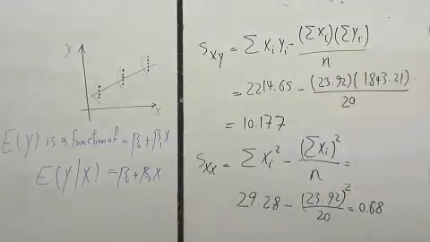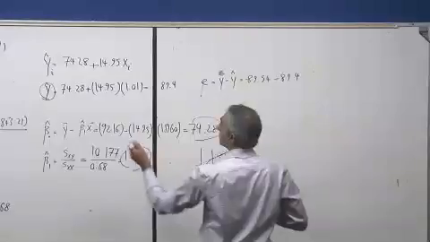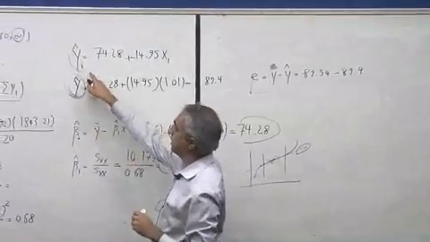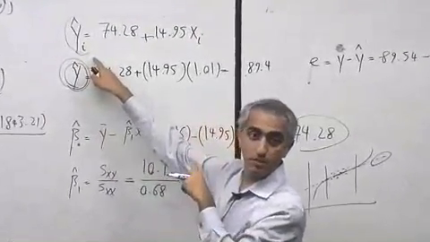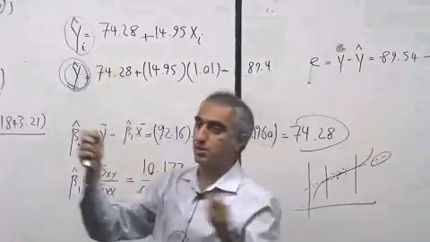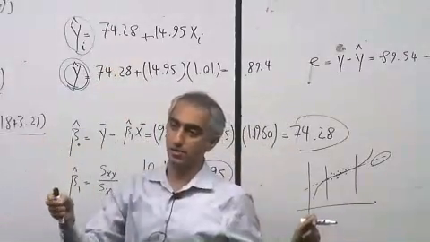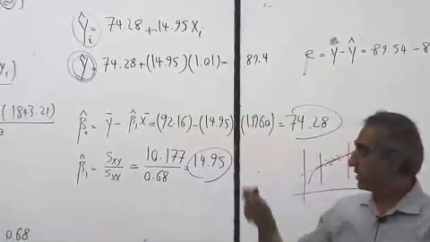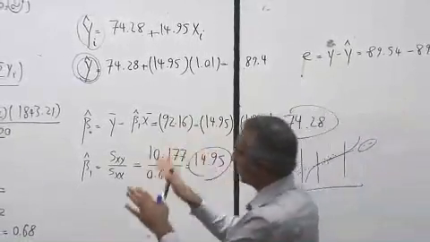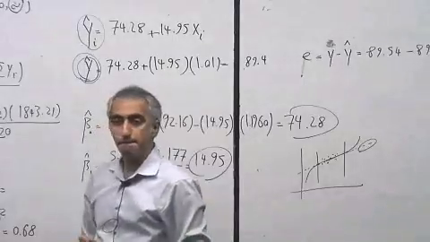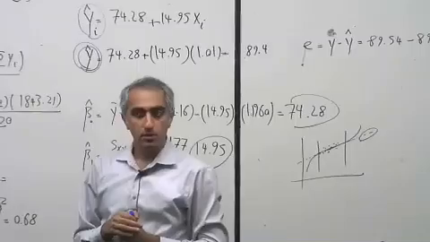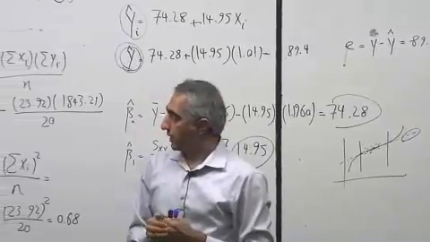So your y hat here or here is an estimate for the conditional mean, because your mean is not constant. It's a function of x. Okay? Just for clarification. So this is another point of view of regression. Any questions? Okay.